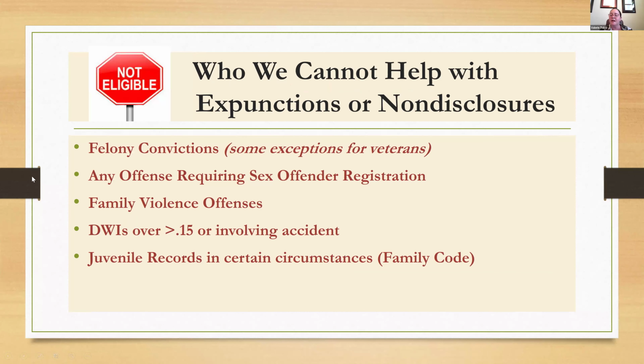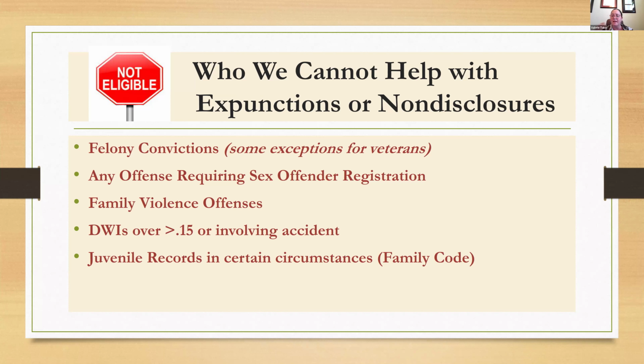So who we cannot help with expunctions or non-disclosures. Felony convictions. There are some exceptions for veterans, and we'll go over that as we go through the rest of this presentation. Certain veterans can get their record expunged if they meet certain requirements.